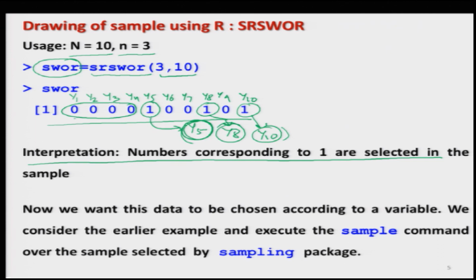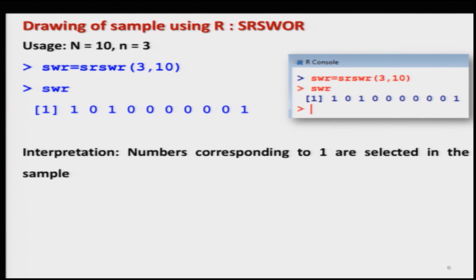But before that, let me show you the outcome of SRSWR also. The command here is to draw a sample of size 3 from a population of size 10 by SRSWR, and inside the parenthesis 3, 10.